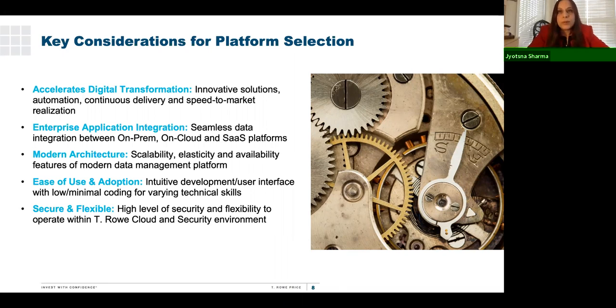The no-code, low-code option for people with varying degrees of skill sets. So those were the key criteria we were looking for in an integration and automation platform. Moving on to the next slide, please.